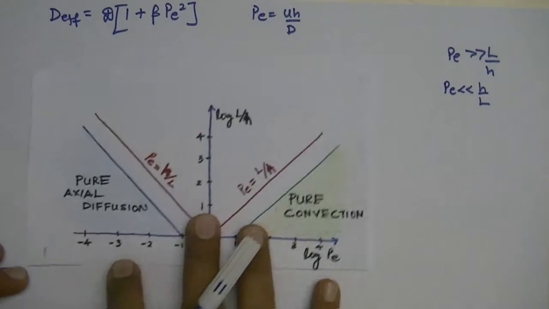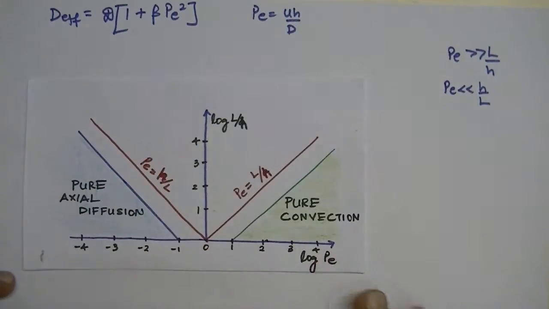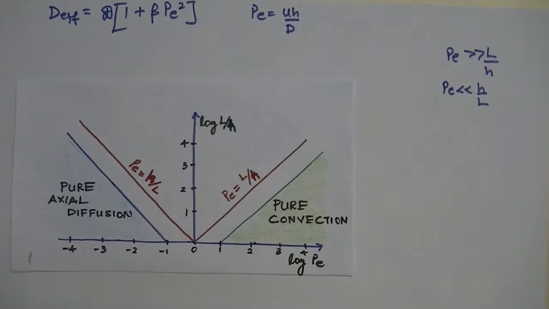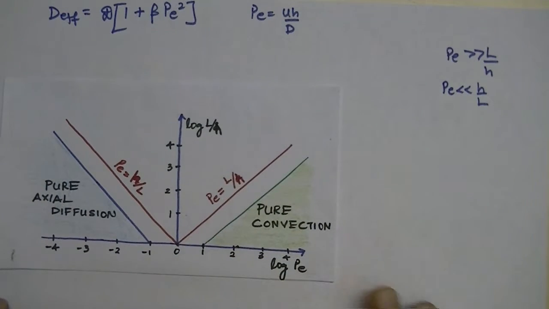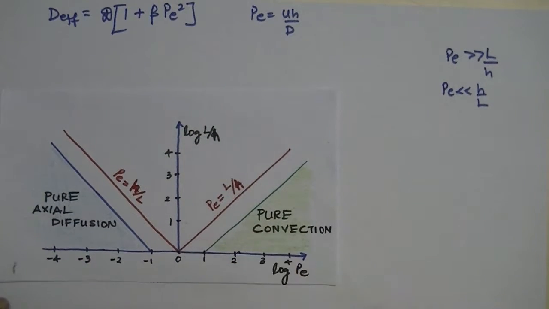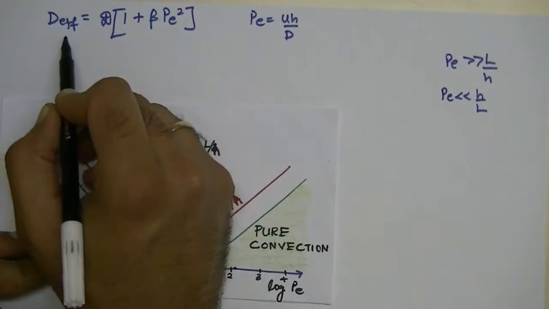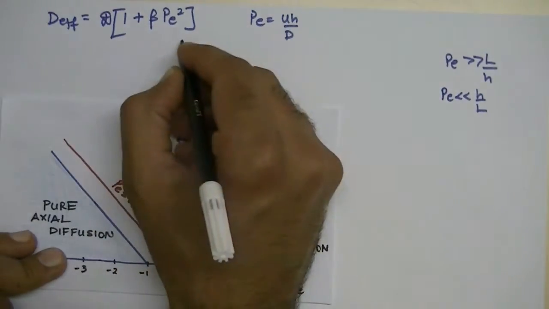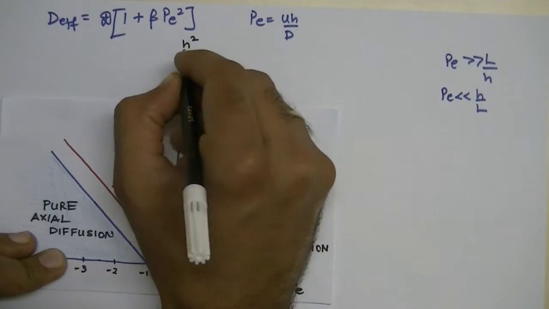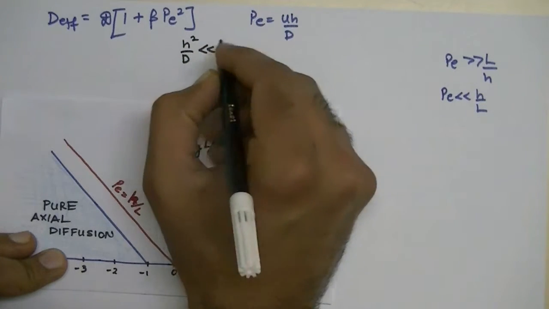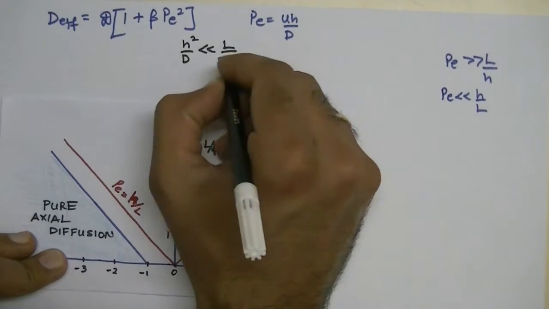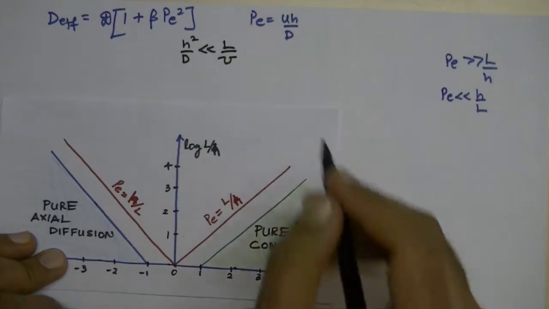Now based on this relation, we can actually see when axial diffusion is important and when the dispersion is important. So first let's keep in mind that this relation is derived for the case when H squared over D, that is the radial diffusion time, is smaller than the convective time scale.